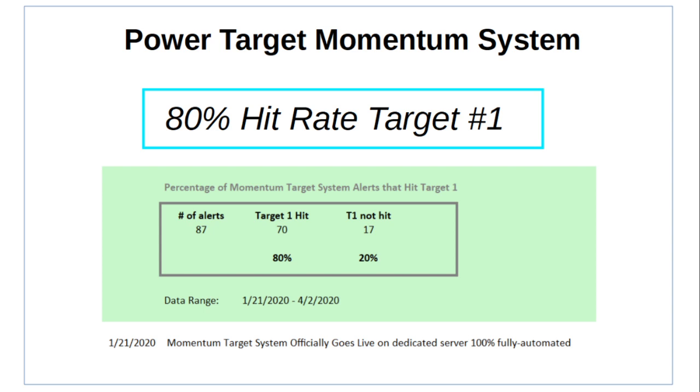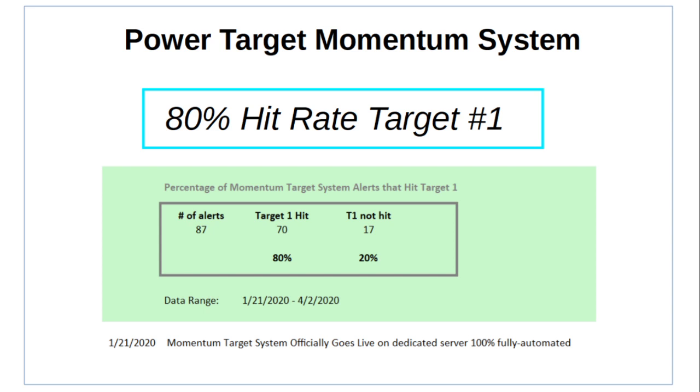Yeah. With an 80% hit rate on target one, and we discussed this a while back in one of the trainings, it only makes sense. The system generates three targets, and the first one is going to be the easy one to hit because it's a lot closer to the alert price.